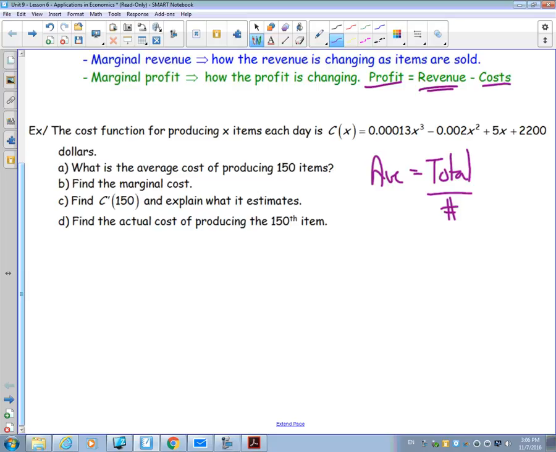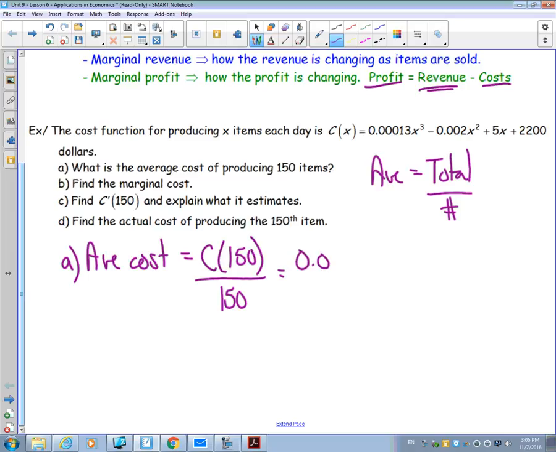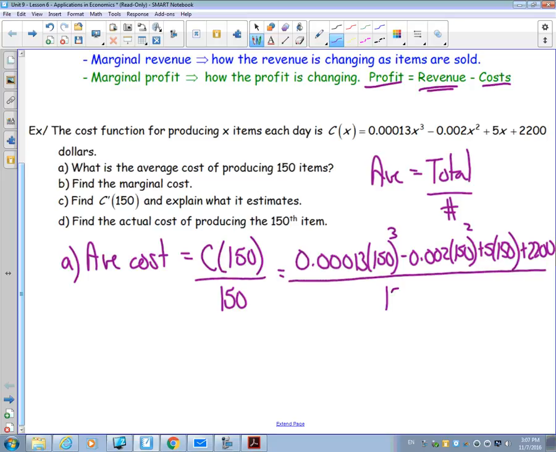Same idea here. If I want to figure out my average cost, I'm going to have to figure out the cost for 150 things, using that original equation, and divide it by how many things I made. So if you use our equation and replace all the x's with 150, that's 0.00013 times 150 cubed minus 0.002 times 150 squared plus 5 times 150 plus 2200, all divided by 150.